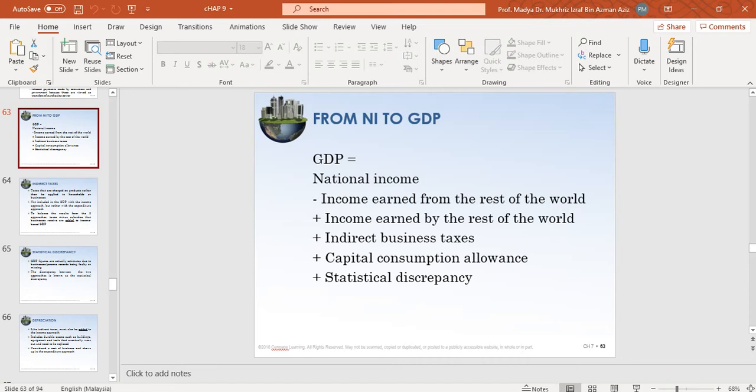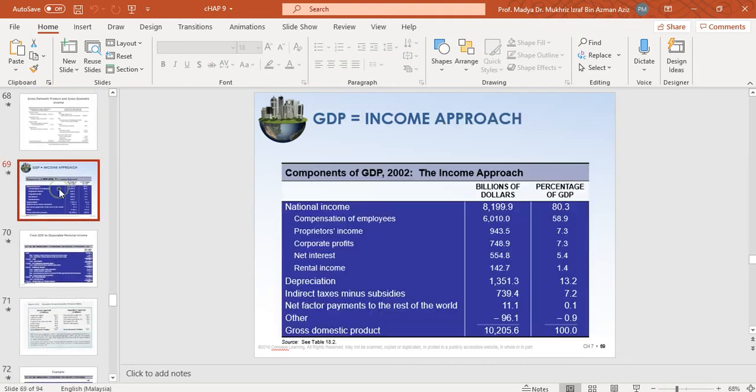When you compare between these two, it is what we call net income from the rest of the world. So from you, minus; by you, you are going to add, the plus sign. So what you see here, net factor payments to the rest of the world, is the result from the plus and minus just now, by and from.